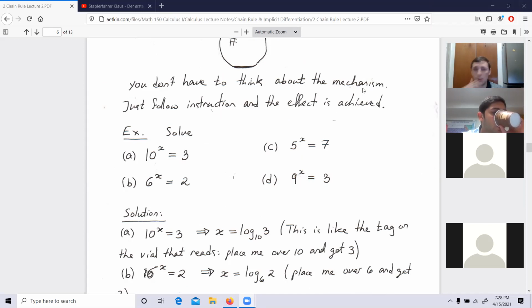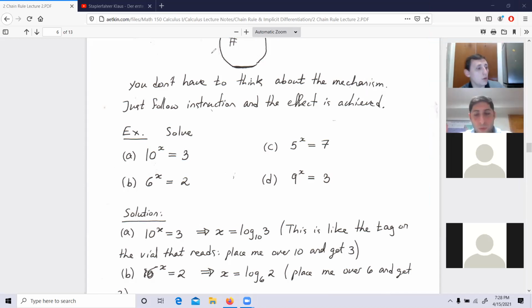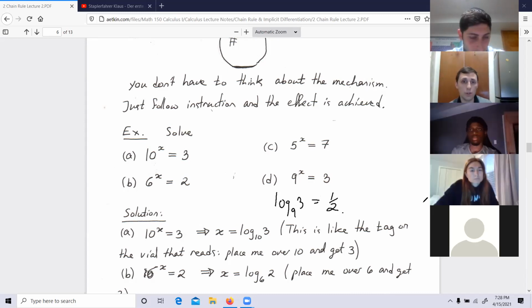So in question number 9, we can actually guess what the value should be. Place me on top of 9 and get 3. And you think, well, place 1/2 on top of 9 and you get 3. So here we have one value where we know how to calculate it fairly well. So log base 9 of 3, we imagine it will give us 1/2, because if the number is unique, clearly 1/2 works. Clearly taking square roots should work.